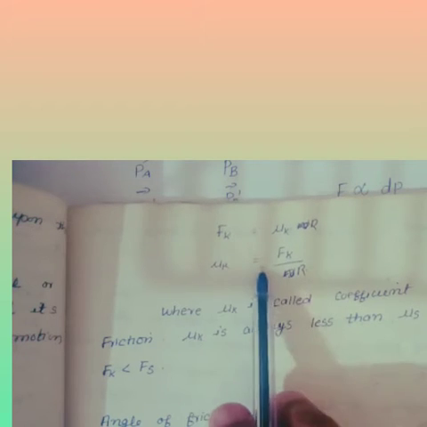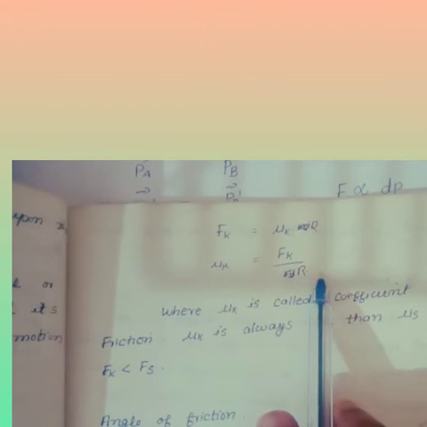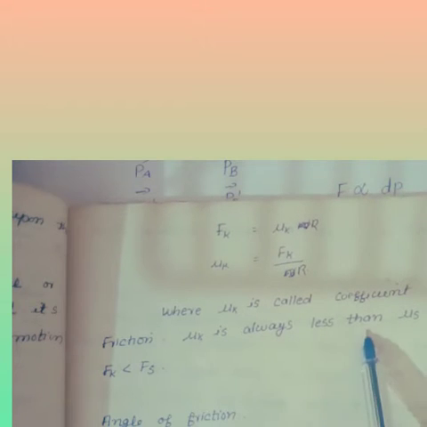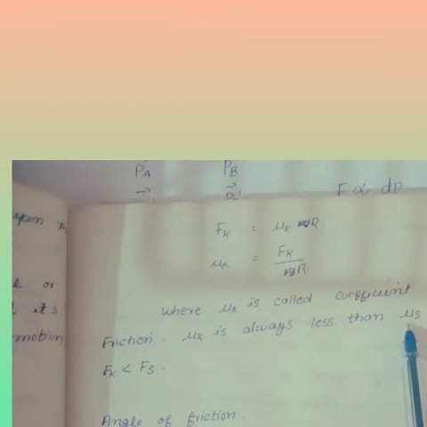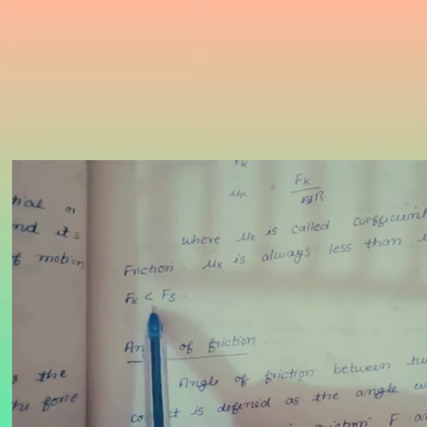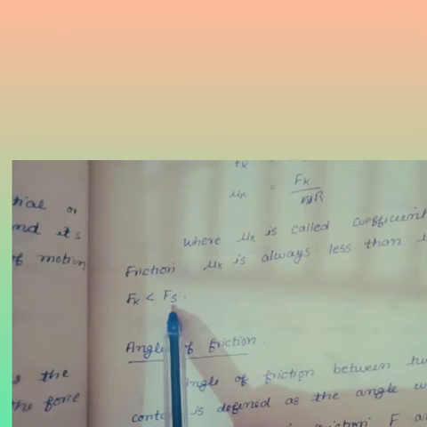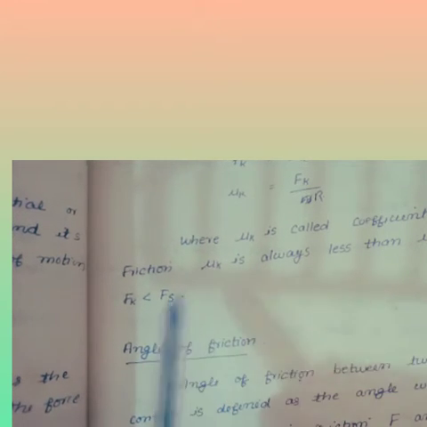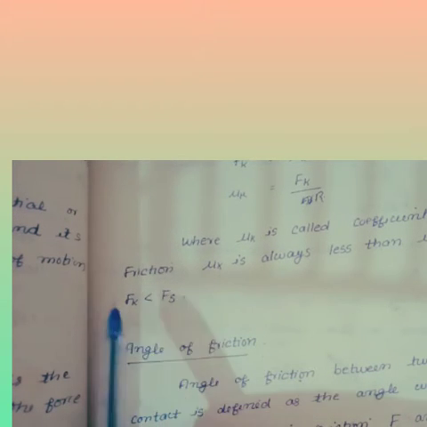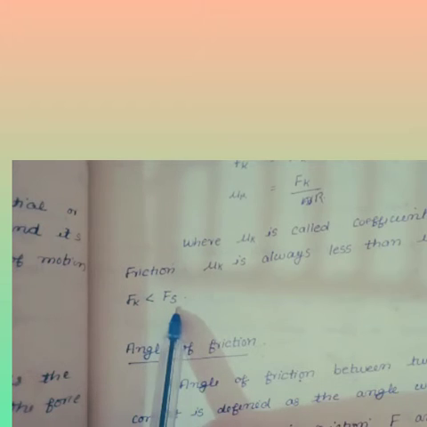That is, mu k equals Fk by R. An important point: the coefficient of kinetic friction mu k is always less than mu s, the coefficient of static friction, because the kinetic friction Fk is less than the static friction Fs.